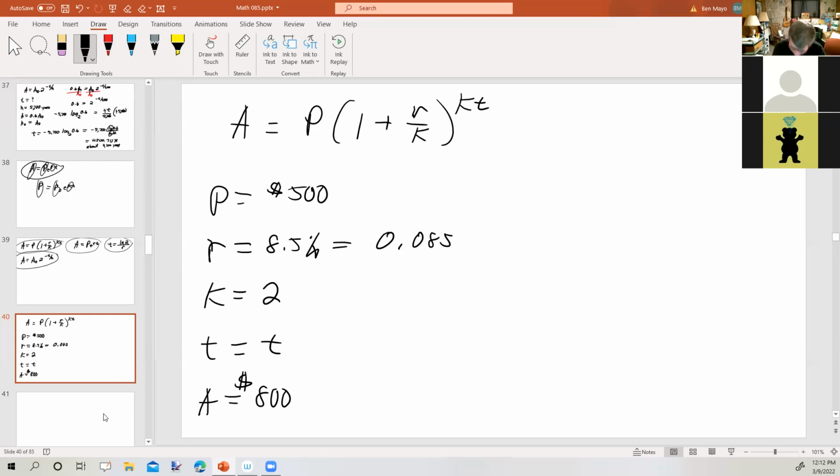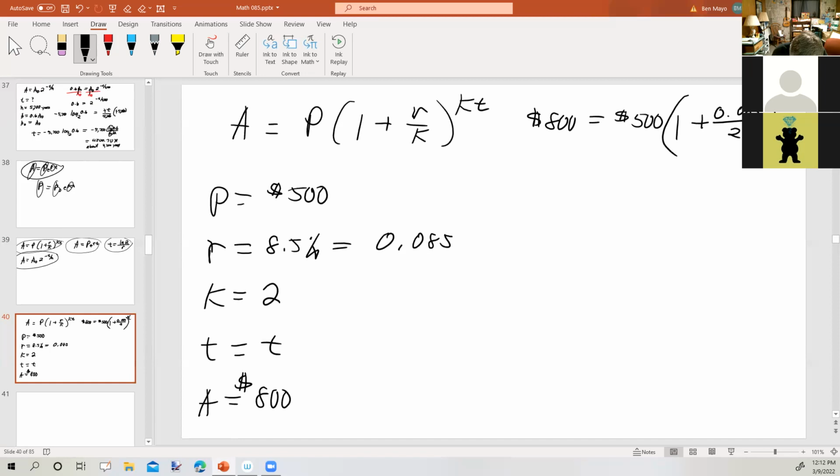Isn't that true? Okay, so what have we got? $800 equals $500 times 1 plus 0.085 over 2 raised to the 2t power.